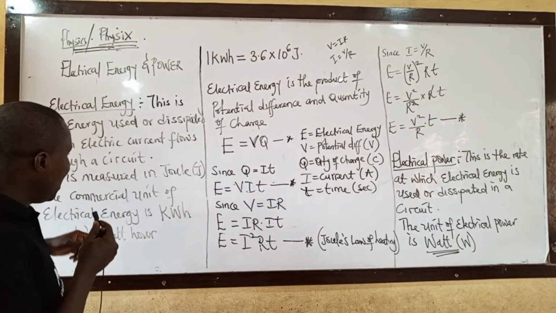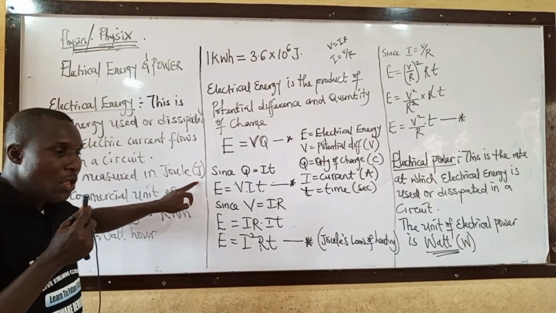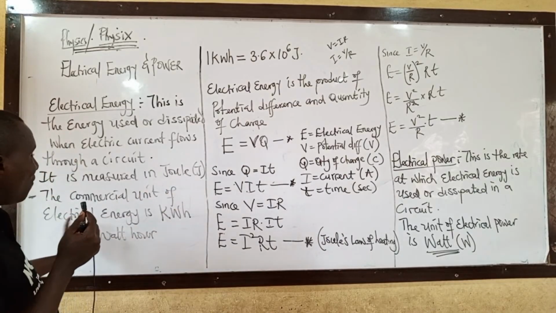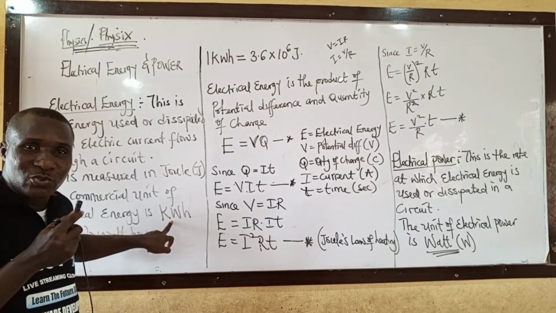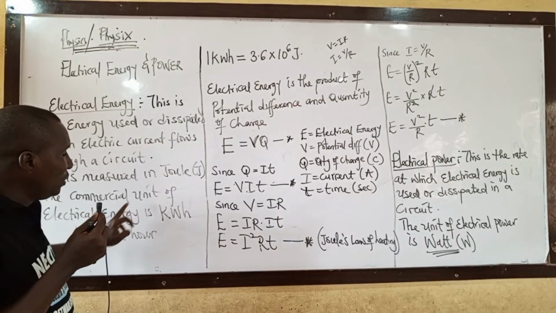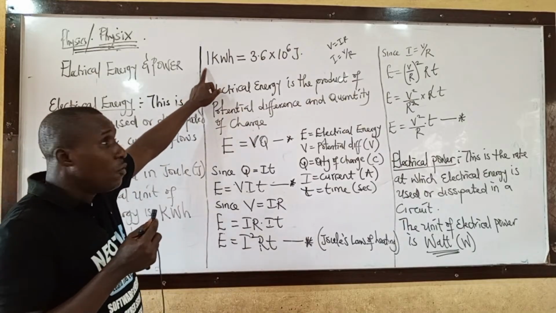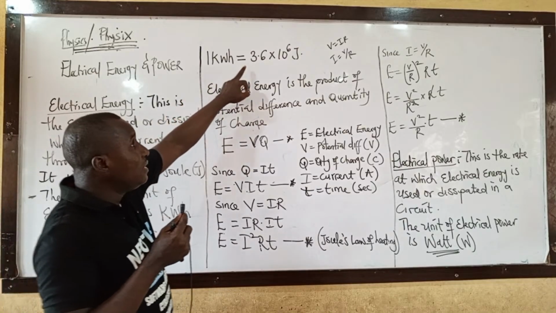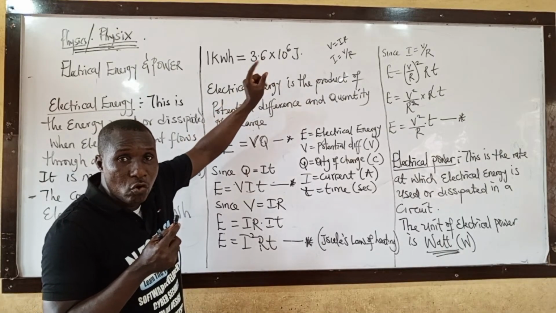Don't forget, I told you that the unit of electrical energy is what? Joules. The commercial unit of electrical energy is kilowatt hour. It's there in your past questions and it's coming out this year also. And you should know this: 1 kilowatt hour is equivalent to 3.6 times 10 raised to the power 6 joules.